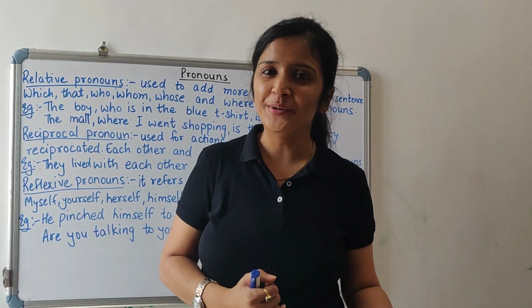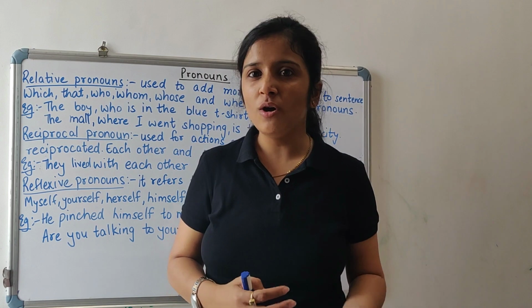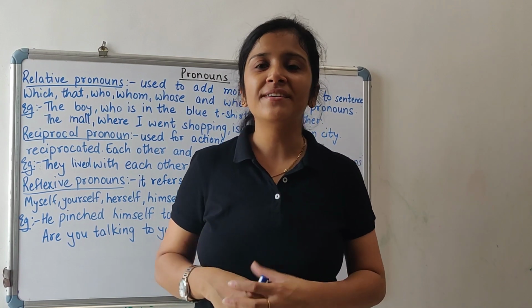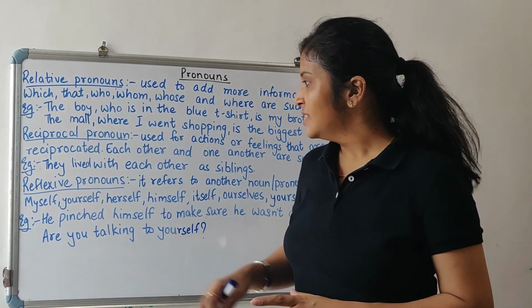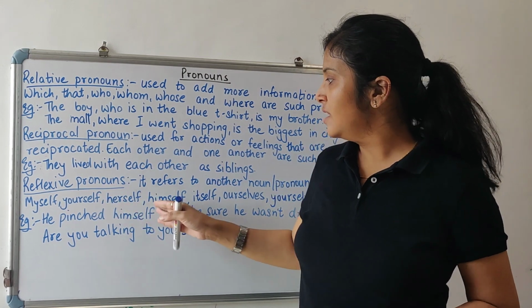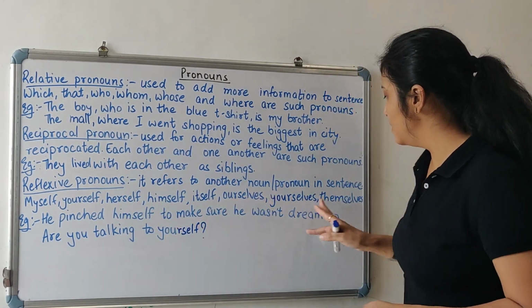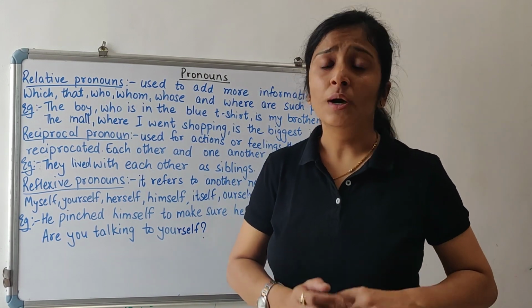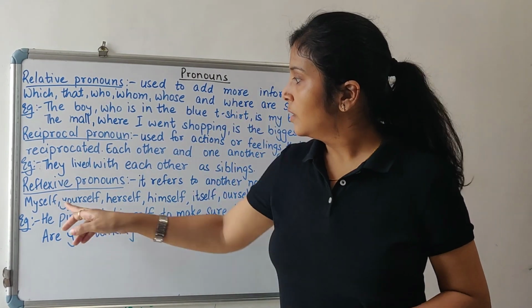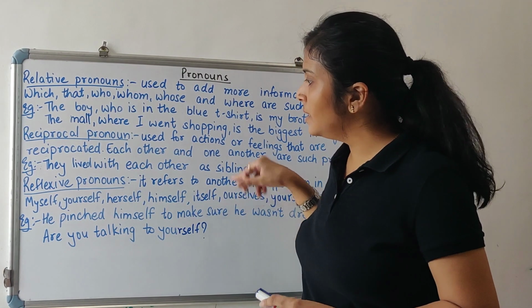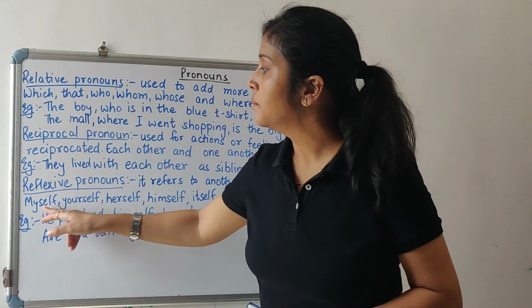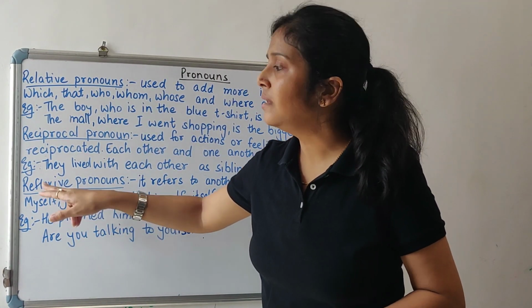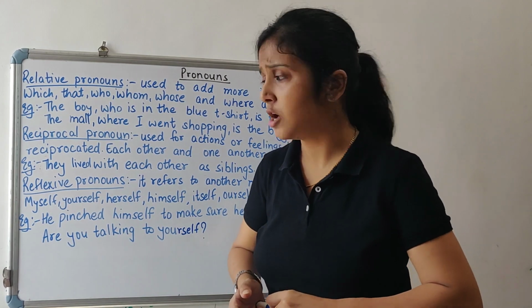I went out alone to a restaurant or a cafe, and I then treated myself. Myself, yourself, herself, himself, itself, ourselves, yourselves, themselves are the pronouns known as reflexive pronouns. Can you see here self is common in every word. So whenever self comes, then it is a reflexive pronoun.